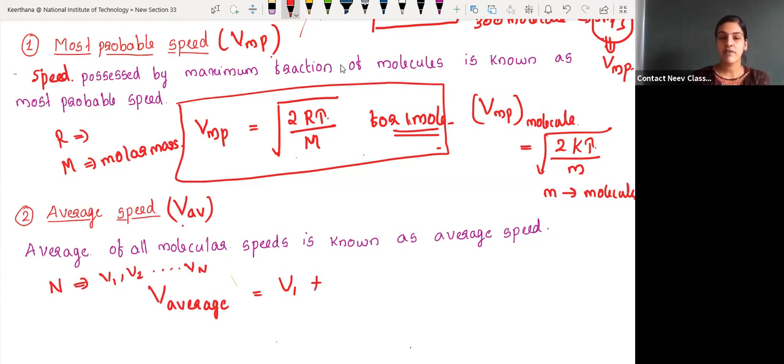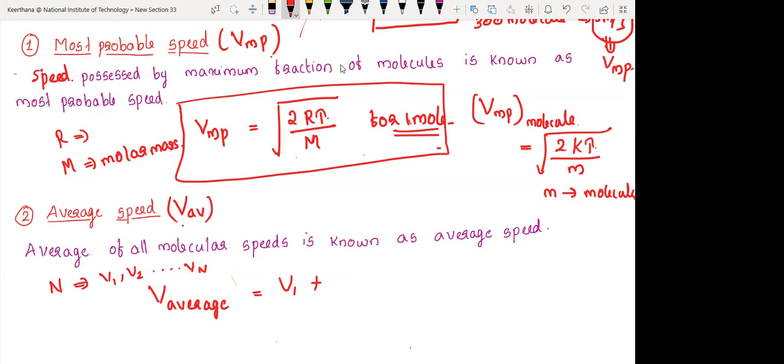Since we are talking about speed, the difference is like speed. If we are talking about velocity, direction matters. The magnitude is the same. How will you express the average speed?